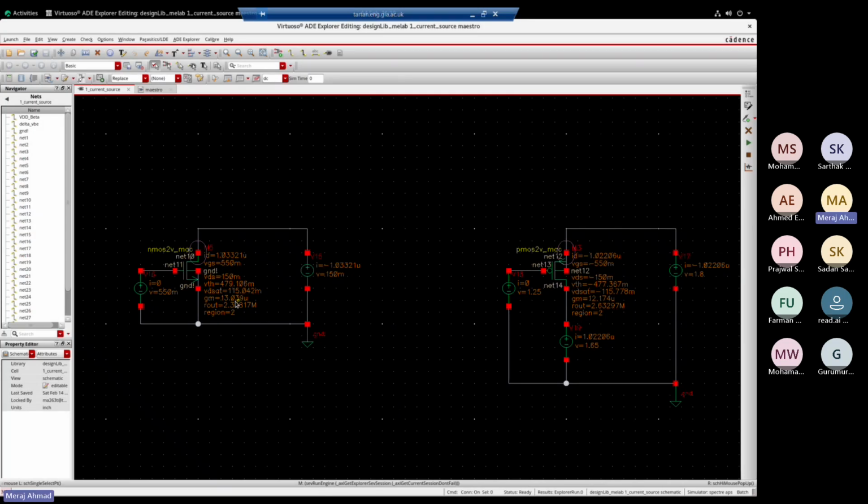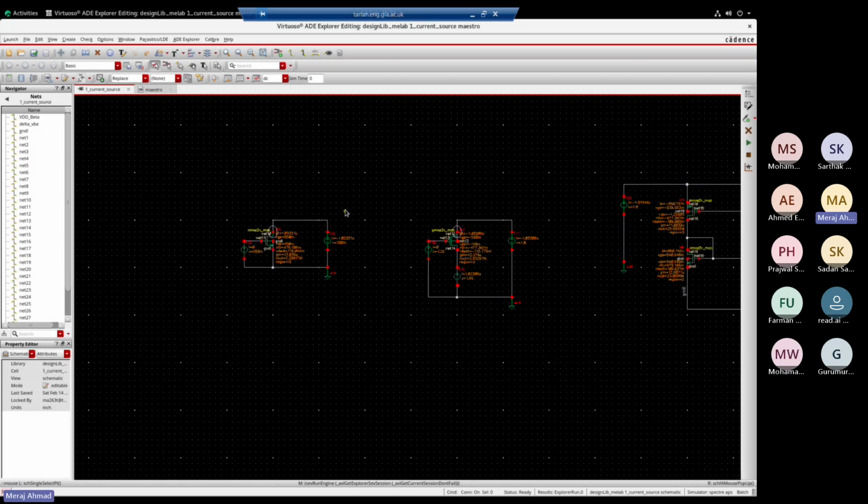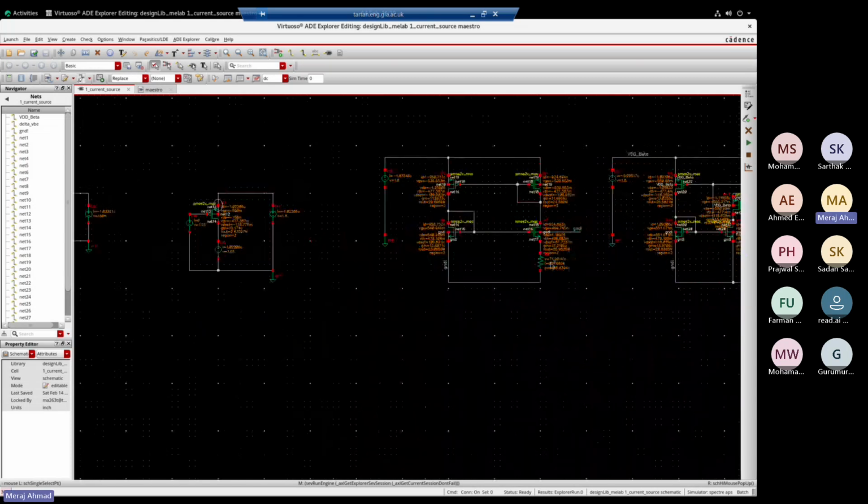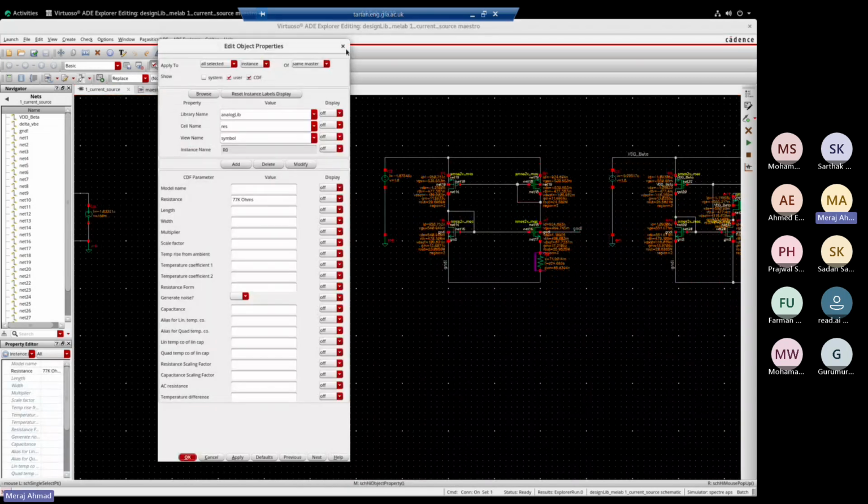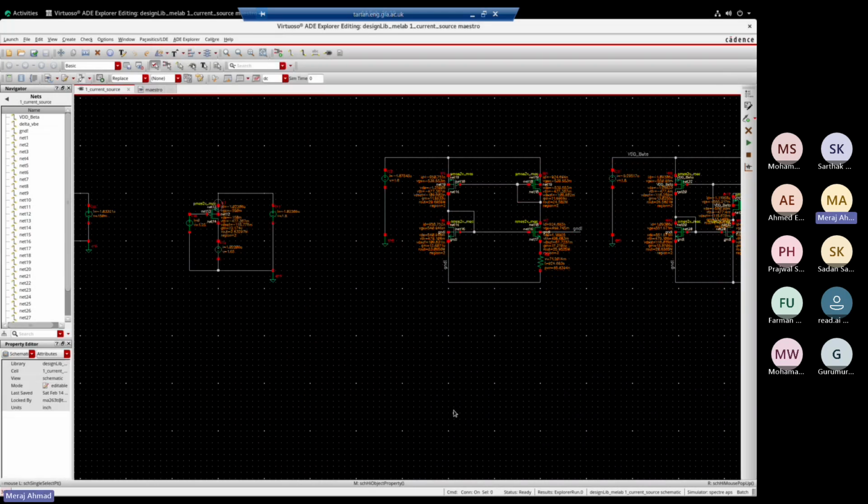What value of R should I keep? If I want gm equal to 1 by R, then 1 divided by 13 micro. Can anyone say how much the resistance value will be? It's around 77 kilo.